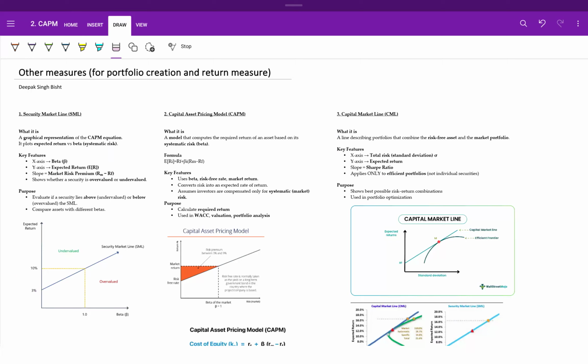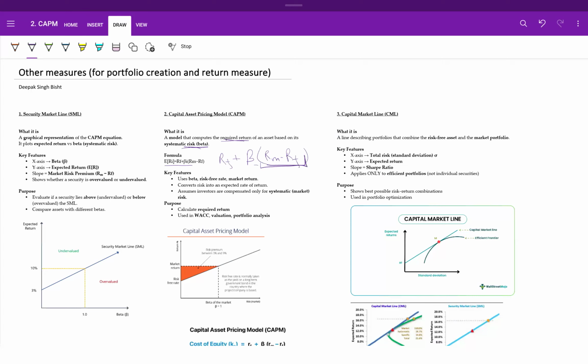Okay, so let's talk about the capital asset pricing model. We have discussed it in detail. This model computes the required return of an asset based on its systematic risk, which is beta. The formula is the risk-free rate plus beta times (RM minus RF), where this portion is the market risk premium.